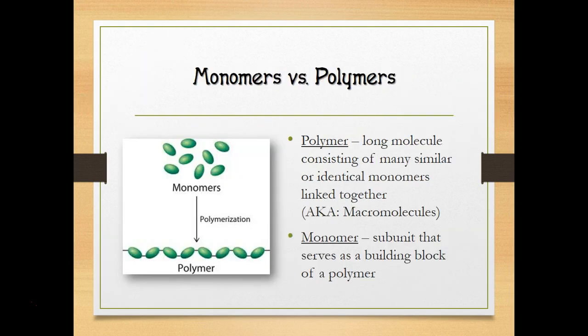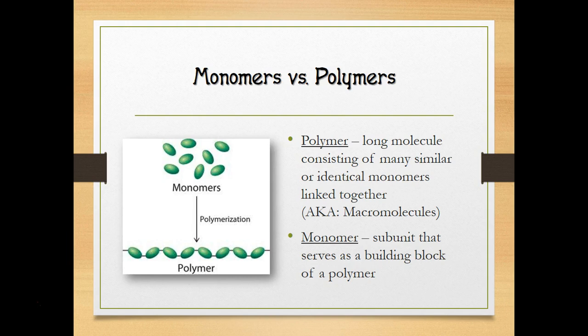So let's jump into some basics first. Before we even get into those four main classes, we need some vocabulary to talk about what macromolecules are, how they function, how they get formed, how they get broken down. So two big terms that you need to know are the word polymer versus monomer. Poly means many, right?